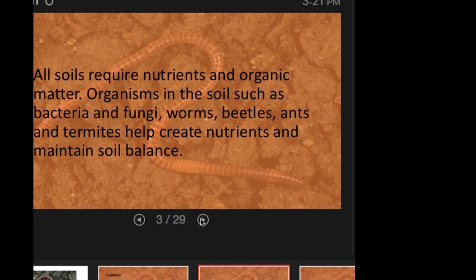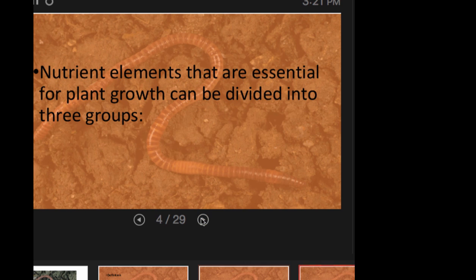So all soils, as we mentioned, require nutrients and organic matter. Organisms in the soil, such as bacteria and fungi, worms, beetles, ants, and termites, all help to create the nutrients and maintain a balance in the soil. The nutrient elements that are essential for plant growth can be divided into three groups.